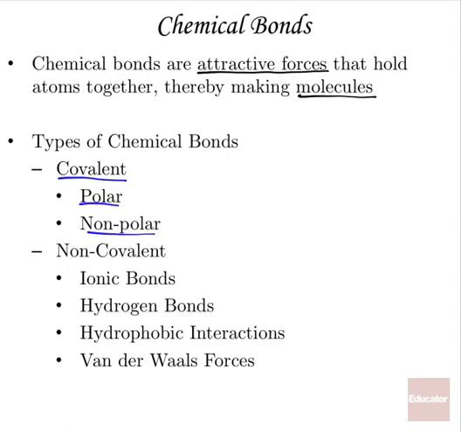And then our other class of bonds are the non-covalent bonds, which are much weaker than the covalent bonds. However, when you have many non-covalent bonds together, they can become very strong. The many types of non-covalent bonds, the ones we're going to talk about: ionic bonds, hydrogen bonds, hydrophobic interactions, and finally, van der Waals forces, or van der Waals interactions.